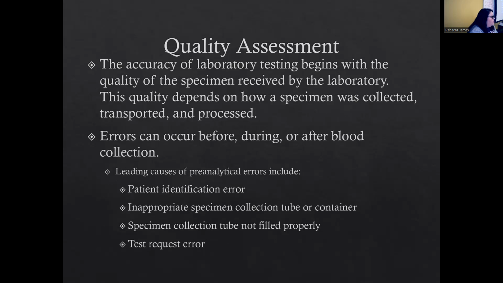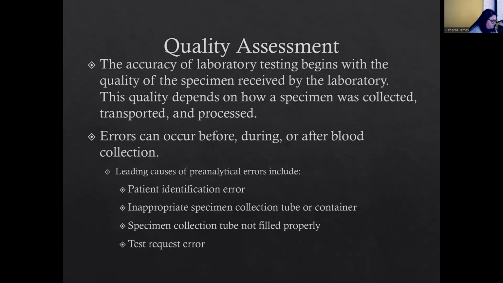But drawing blood from a vein or an artery is called phlebotomy. It remains an error-prone phase of the testing cycle. In the United States, it is estimated that more than 1 billion venipunctures are performed annually. Venipunctures, you puncture a vein, okay?